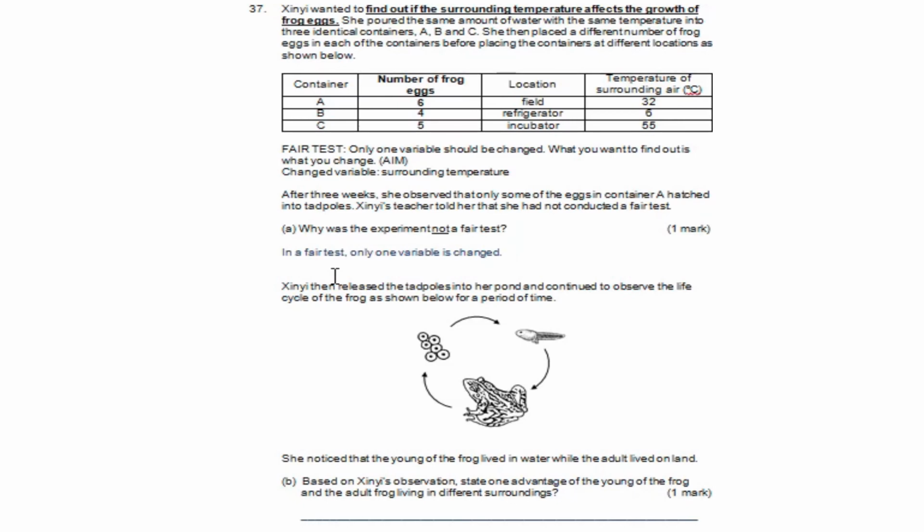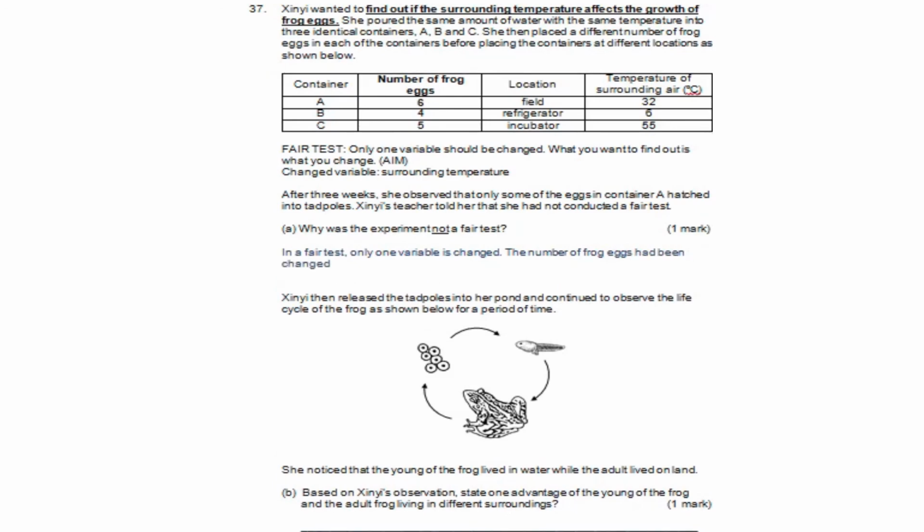Okay, so you can say the number of frog eggs. The number of frog eggs here had been changed, and that would affect the results of the experiment. So it should remain constant.